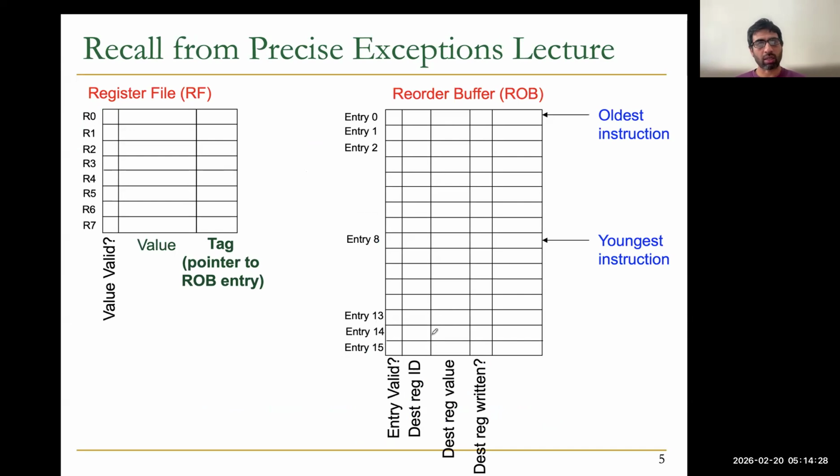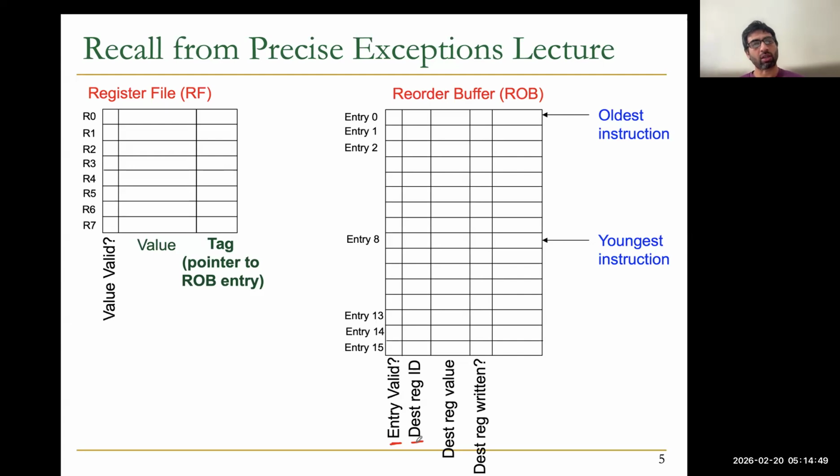Each entry of the reorder buffer has the following information: whether this entry is valid or not, right? Actually, an entry is created for an instruction in the reorder buffer as soon as it enters the decode stage.